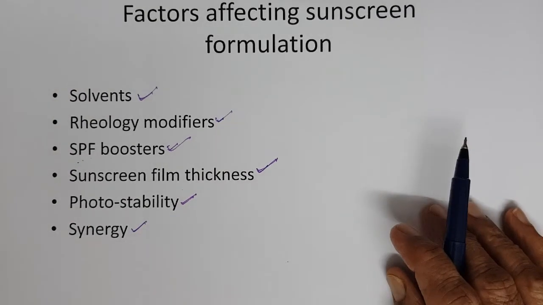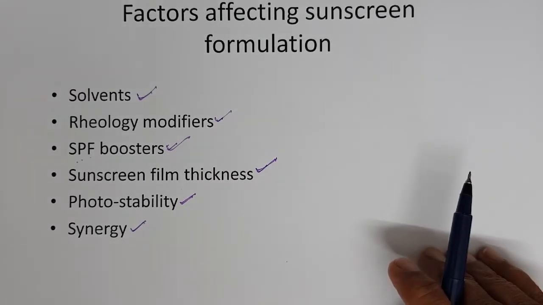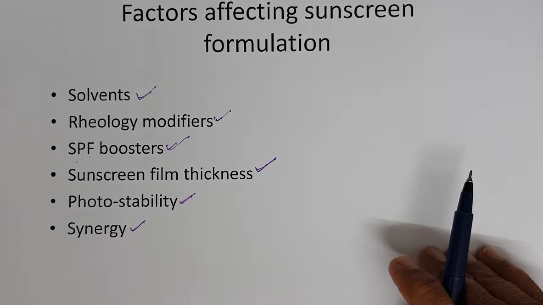And how we can use cosmetic ingredients, that is the polar solvents, combination of sunscreens and other ingredients like antioxidants, effectively combine them together to get the best SPF possible from the sunscreen formulation, right? So this is very important, especially in designing a sunscreen formulation, you have to look into a lot of factors, right?